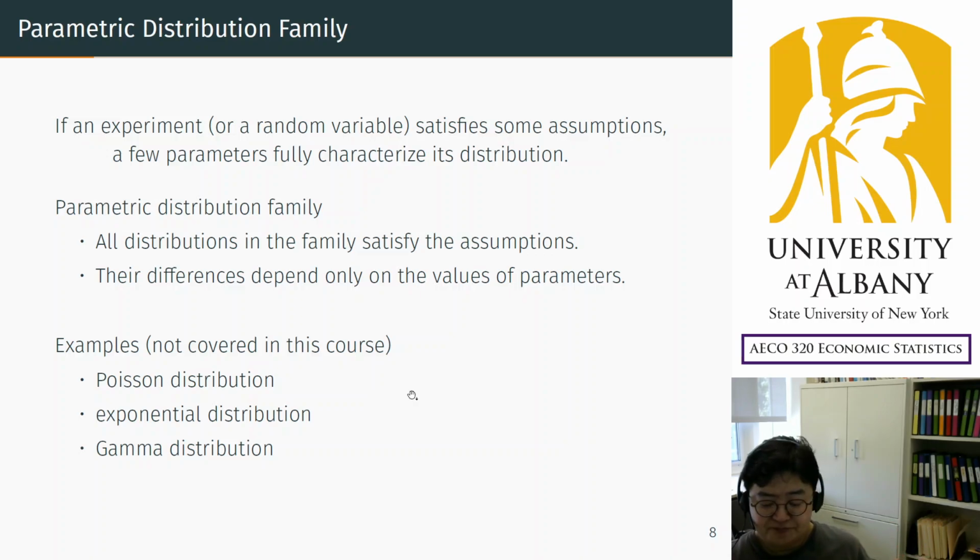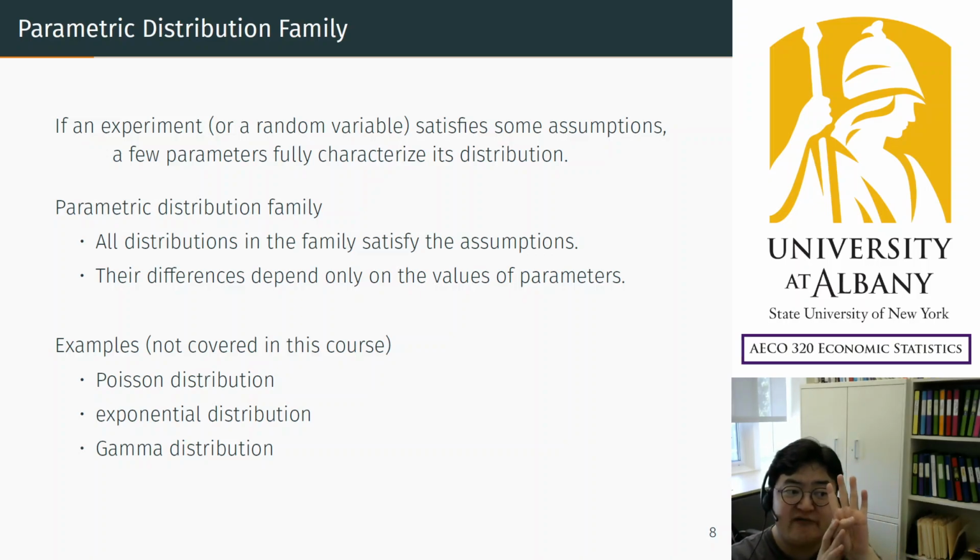Before studying the properties of the Bernoulli distribution, let me make a few comments. I said p is a parameter. A parameter is a few numbers, a few measures that can fully characterize the distribution of a random variable. What's important here is that the random variable must satisfy certain assumptions.